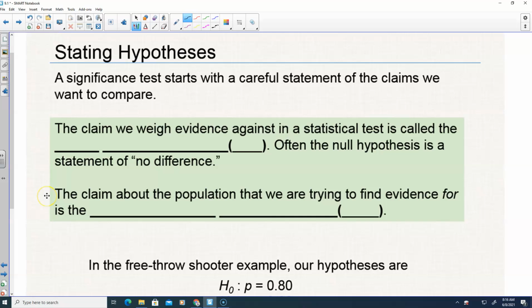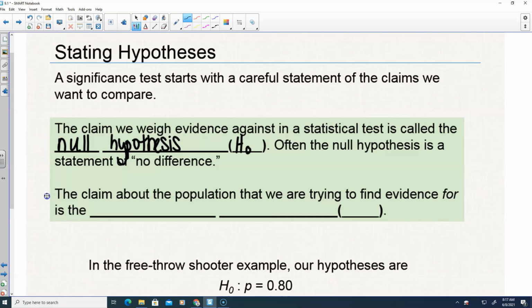So to talk about how we're going to work through that problem, we have to talk about a few things with significance tests first. The claim that we're weighing evidence against is called the null hypothesis. That's the initial claim, and we call that H sub 0. The null hypothesis is a statement of no difference.